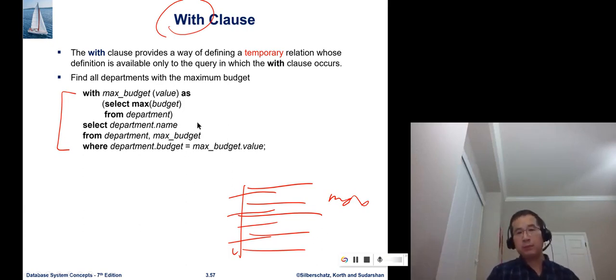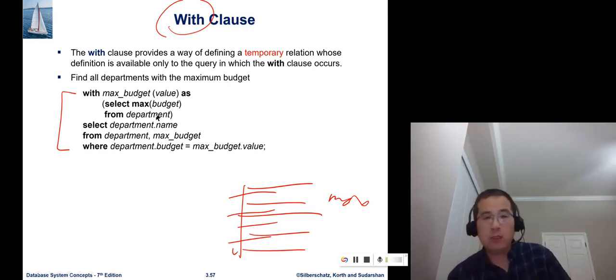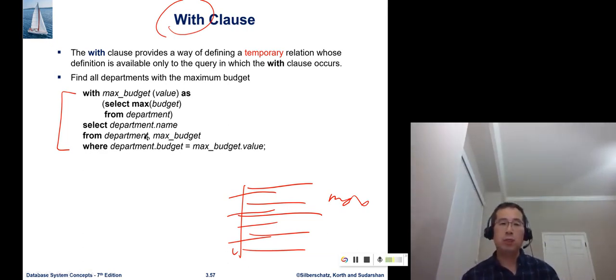So you can find out we don't add a comma or something. This as a whole is one statement, one query, within one query. And the next one is easy because you already found the maximum, and then you just need to compare whether a department's budget is equal to that maximum budget. If it's equal, we list that department, and if there are multiple, you list the multiple as well.